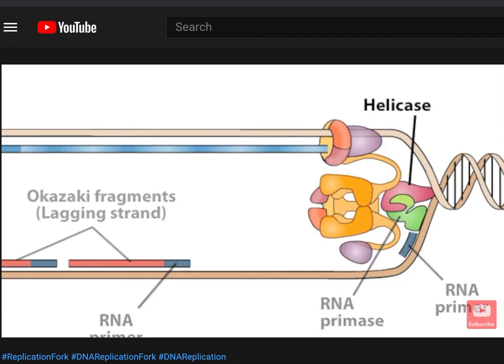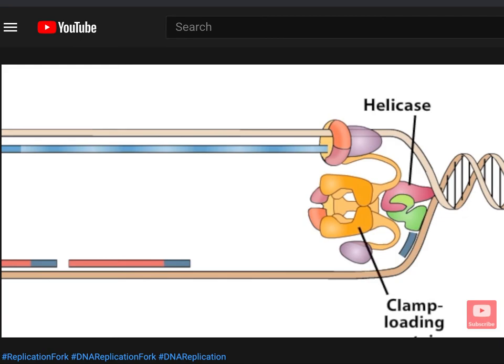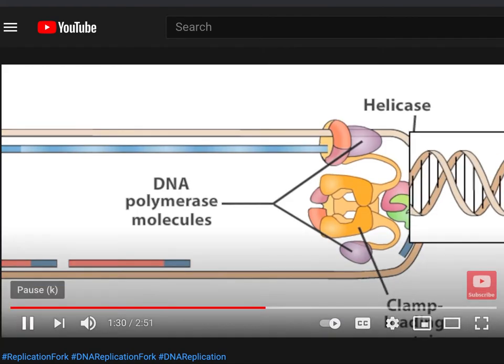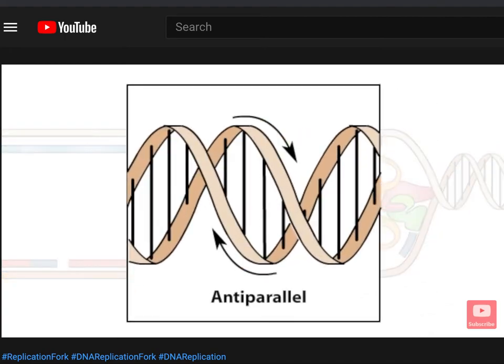A structure called the clamp-loading protein associates with a DNA polymerase molecule on both of the parental strands of DNA. The clamp-loading protein is also bound to helicase. These associations made by the clamp-loading protein coordinate the simultaneous synthesis of both DNA strands at the fork. Note that the two strands of a double helix run in opposite directions.